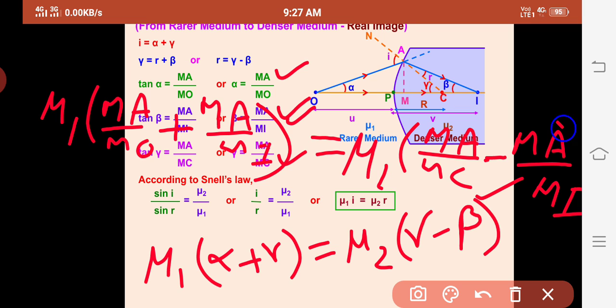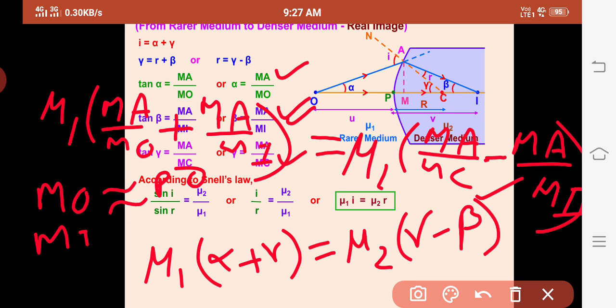Now, since the aperture of the refracting surface is taken as very small, in place of MO, MI, MC we can write PO, PI and PC respectively.